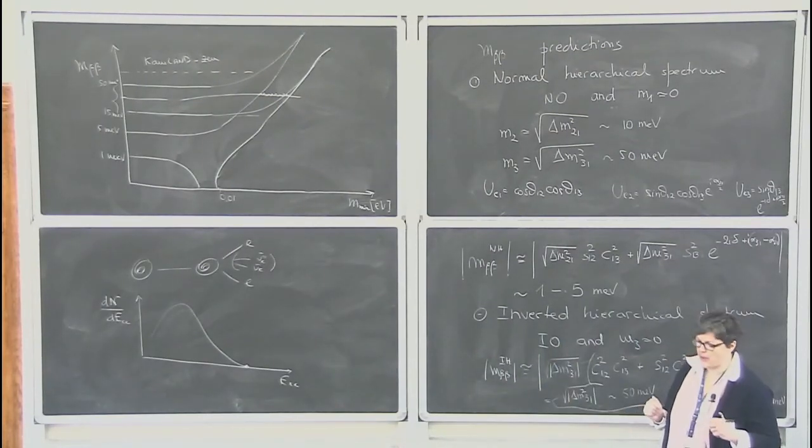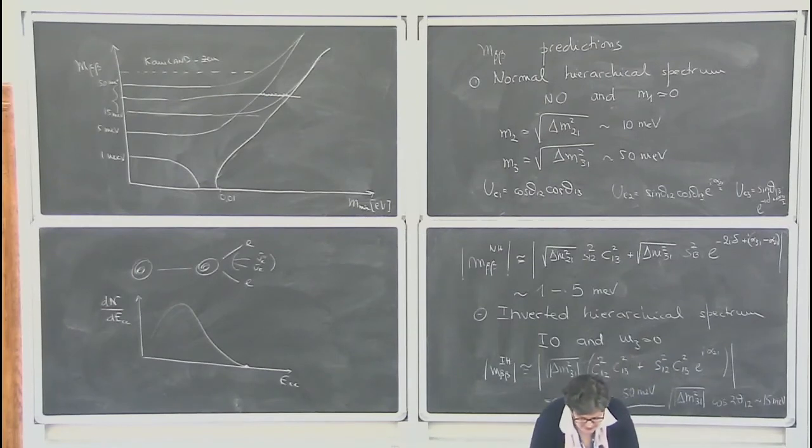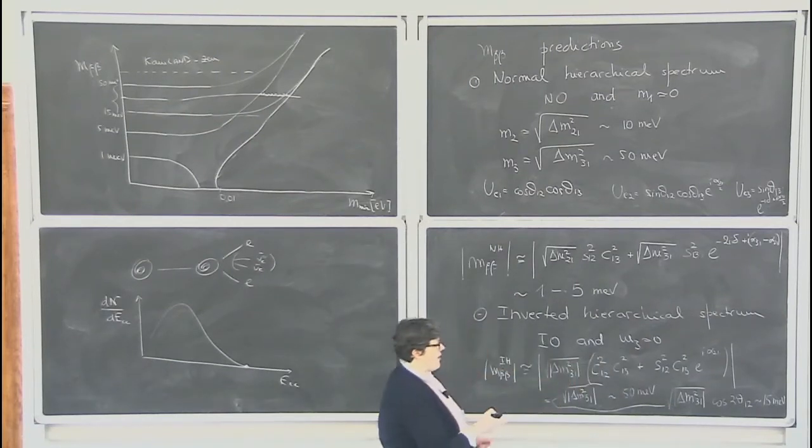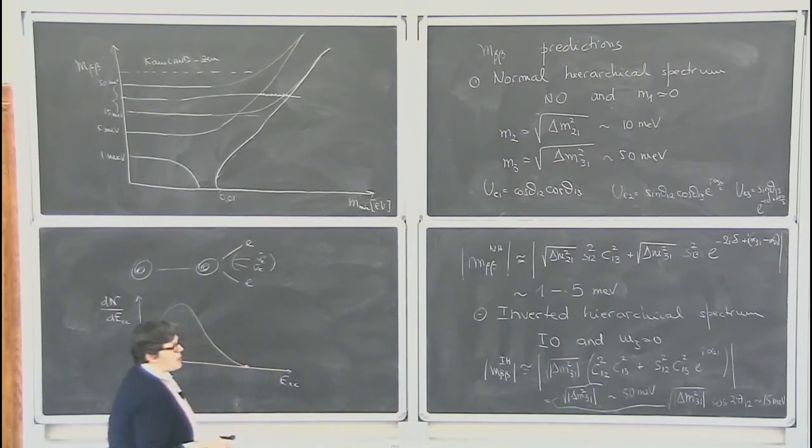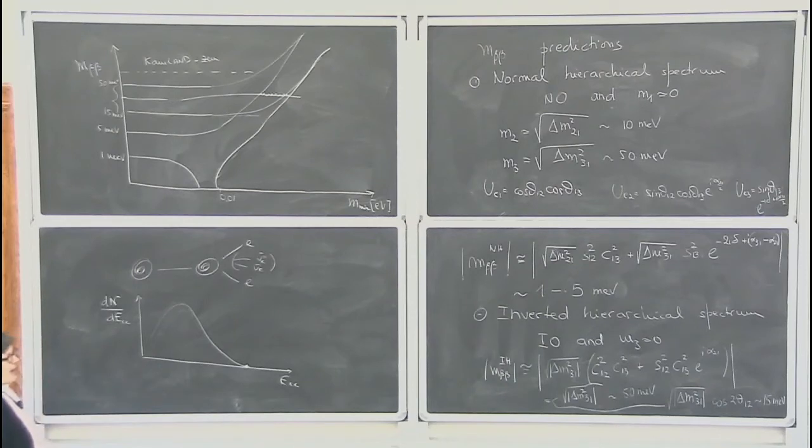There are several which have been done, so maybe I can show you the experiments rather than discuss them on the board. These are some of the experiments which have happened so far. The most stringent bounds come from KamLAND-Zen. This is the KamLAND experiment that I mentioned for measuring delta m squared 21 precisely, using reactor antineutrinos.